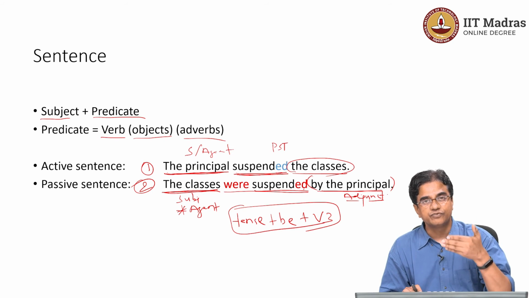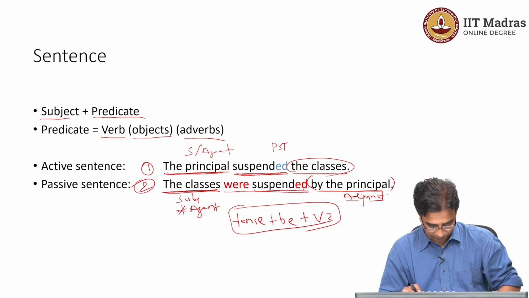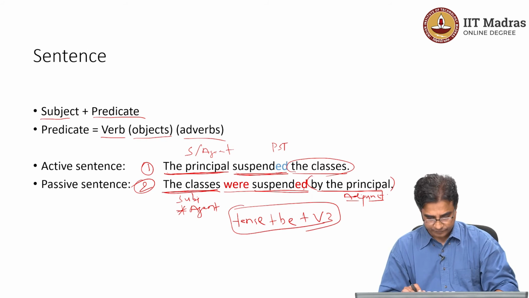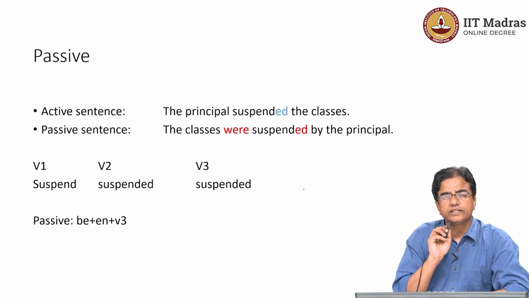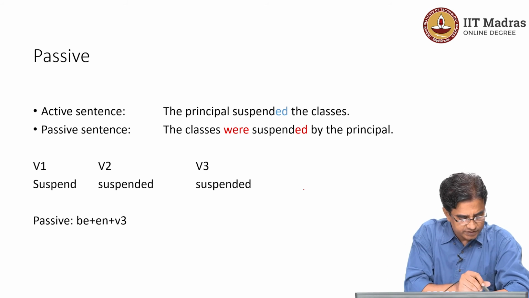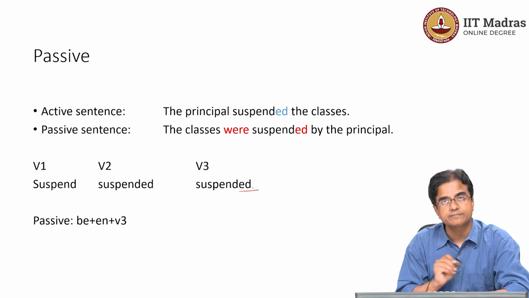And as we know, participles do not take objects. The evidence comes from the following. We know that verbs have 3 different forms. For example, verb form 1 suspend, 2 suspended, and 3 also suspended.